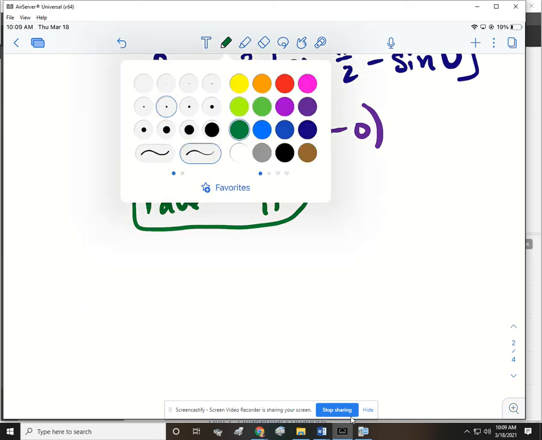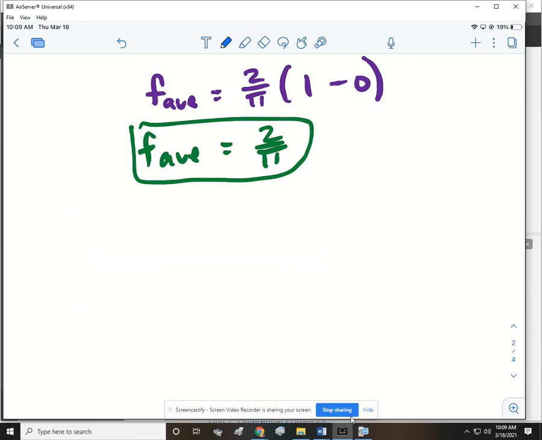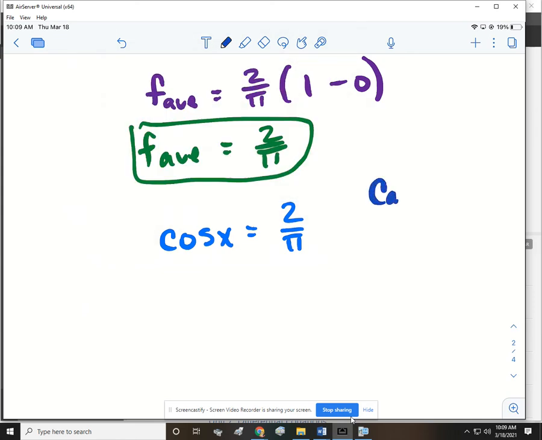All right, then we want to find when in that interval the cosine of x is actually equal to the average value. Now that is not something you can do in your head. You have to use the calculator. So what we'll do for y1, we're going to put in cosine of x.